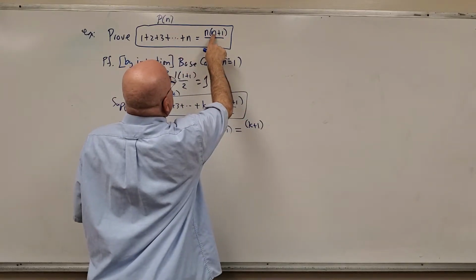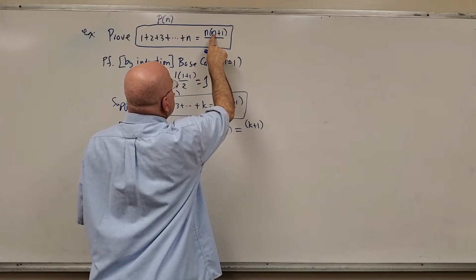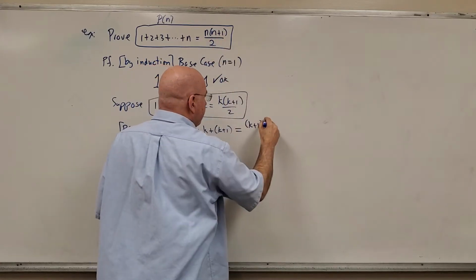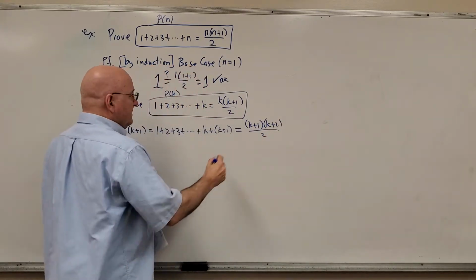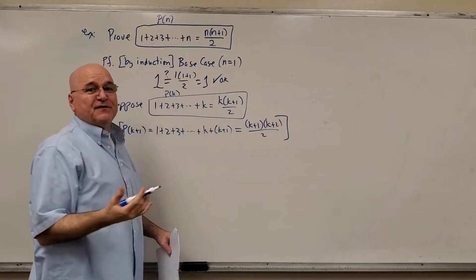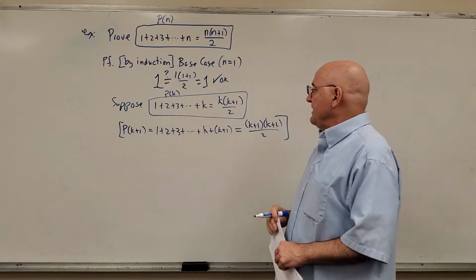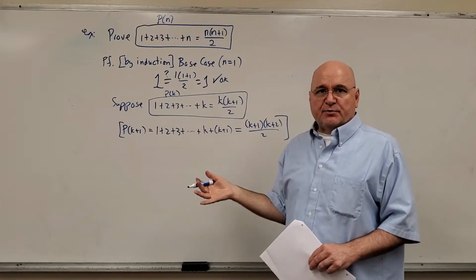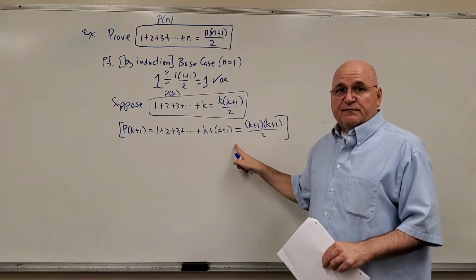So I've got k plus 1 for n, plus 1 more, which is k plus 2, over 2. This is one of the more difficult steps in a proof by induction. You have to know what you want to prove. So this is the statement P_k plus 1 that we have to prove is true.